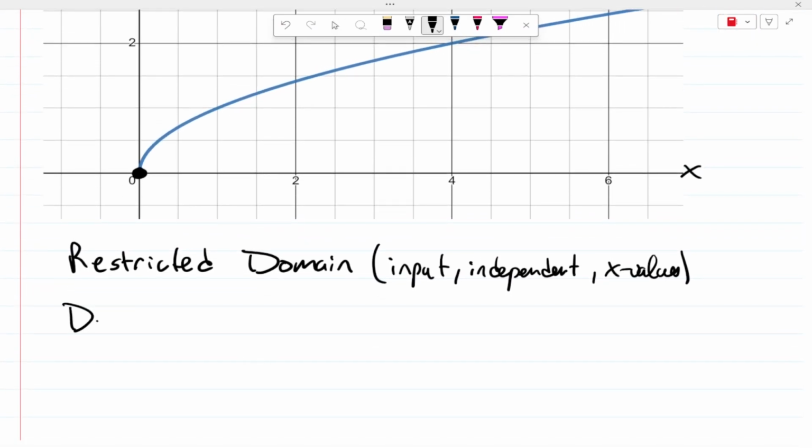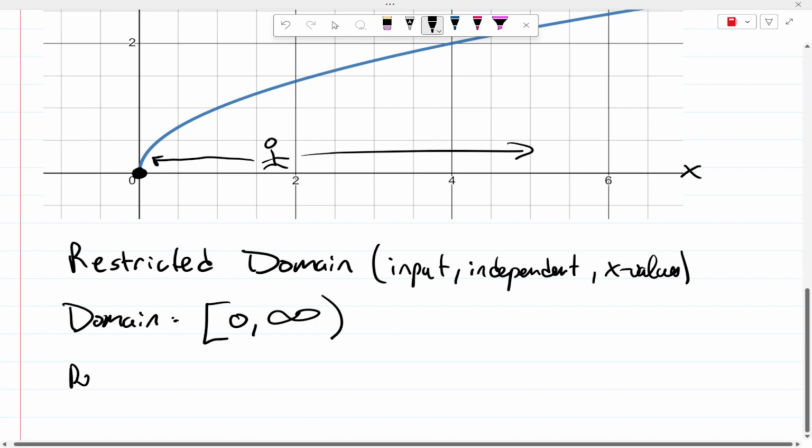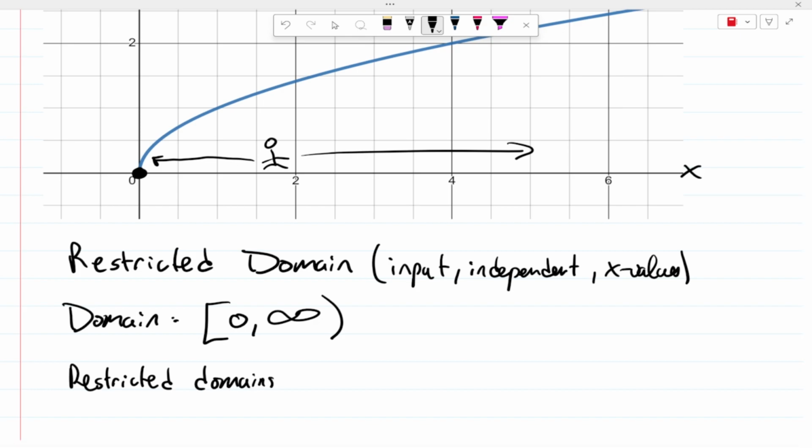But anyways, our domain in this situation is going to be restricted. So our domain, once again, picture yourself walking on the x-axis. How far to the left can you go? Well, I can get all the way to 0 because I know the square root of 0 is 0. How far in the positive x direction? Well, that's going to be positive infinity. So this is our restricted domain. And whenever you have a restricted domain, restricted domains influence the range.